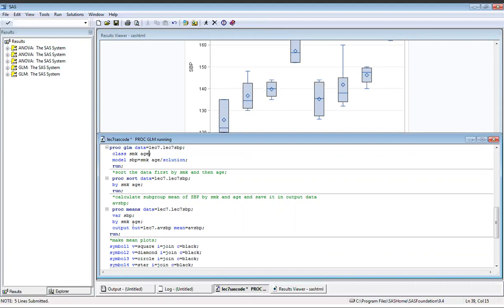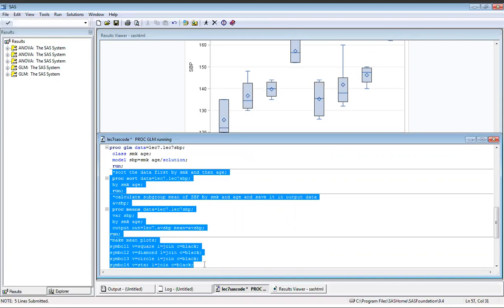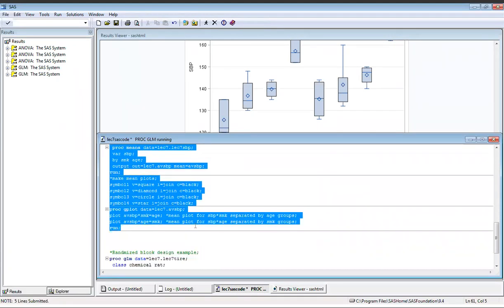And then we have an estimated mean for each group, and then we plot them. So we can run all the way until right here, and we can get 2 plots.